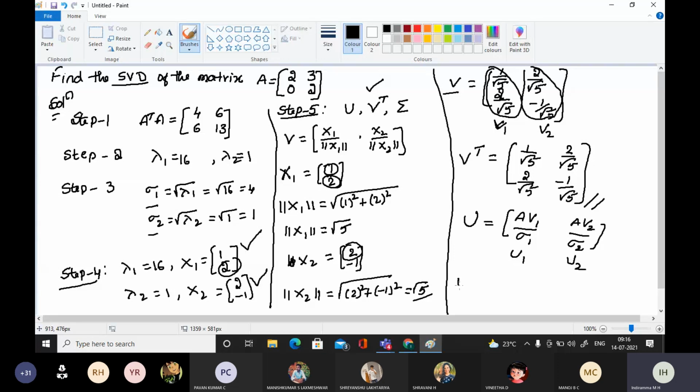First I will find U1. U1 is 1 by sigma 1 into A V1. What is sigma 1? Sigma 1 is 4. Now we have to find A into V1. What is A?